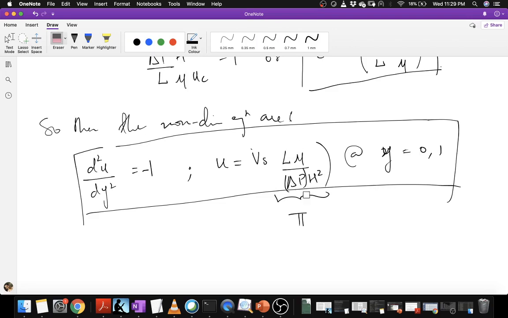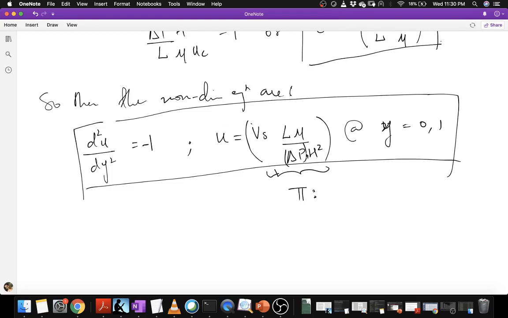It has units of second per meter, because it's 1 over uc, and that multiplied by the electro-osmotic slip velocity will be non-dimensional. So this entire group is non-dimensional. Let's call it pi, and this pi, which is a dimensionless parameter now, is what is going to give us the relative magnitude, or how important the electro-osmotic flow is.